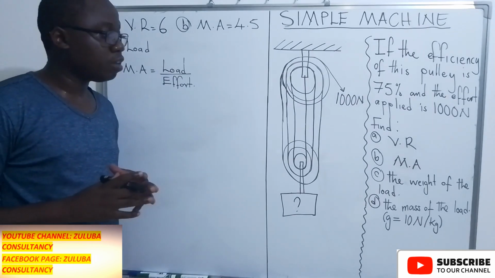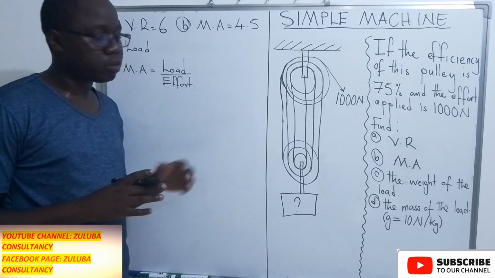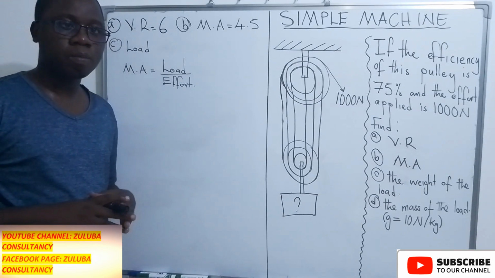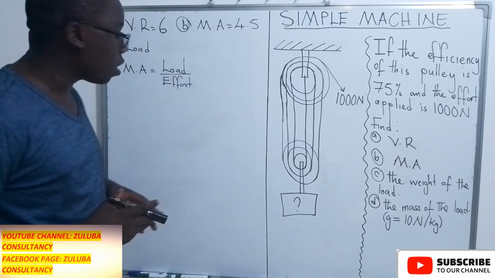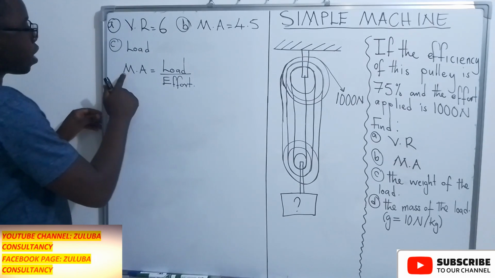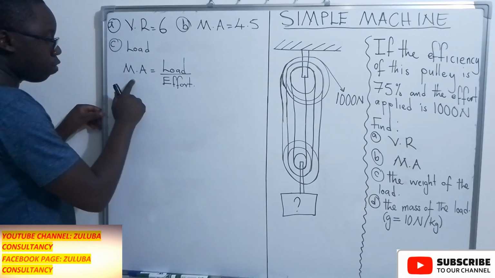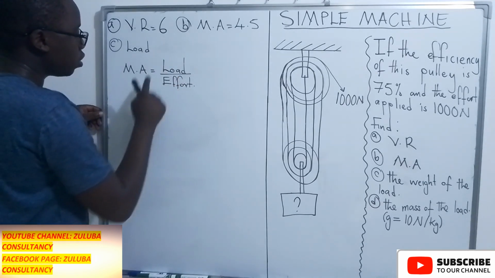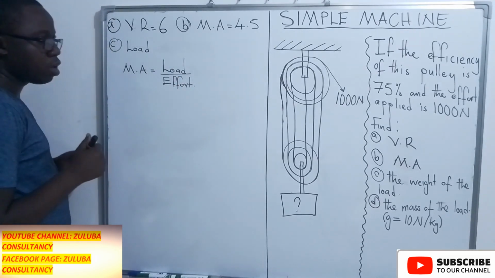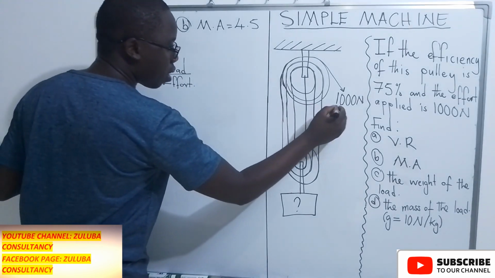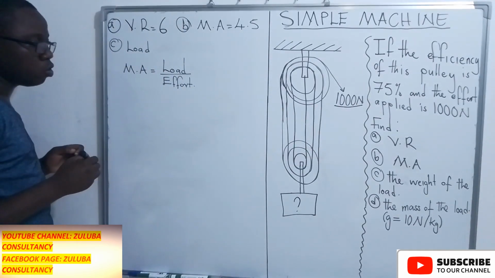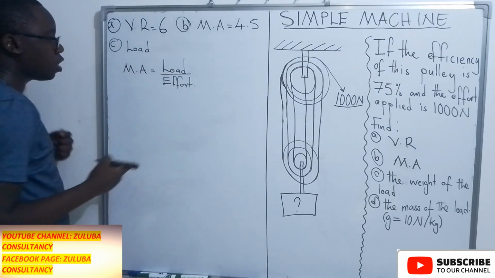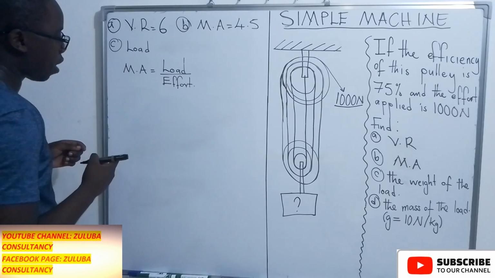The third question is asking us to find the weight of the load that is lifted by this pulley system. To manage to find the weight, we need to remember the formula for mechanical advantage. That says mechanical advantage is equal to load divided by effort. The question has given us the effort, which is 1000 newtons. Then we managed to calculate the mechanical advantage of 4.5.